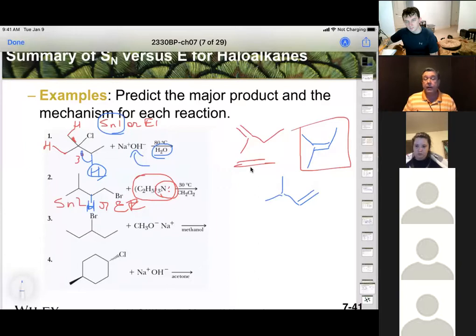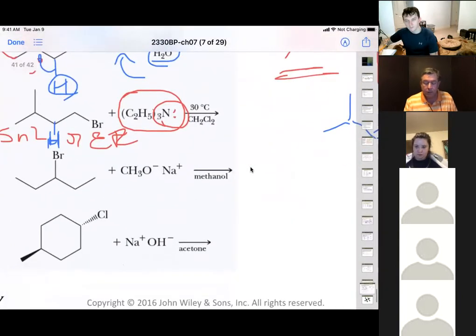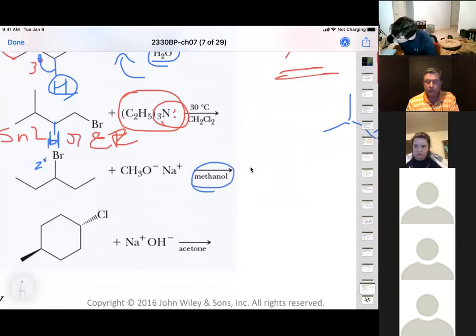Now, the next one I think is going to get complicated because it's got a secondary. But let's go through our options and figure it out. We have a possibility of almost anything because it's a secondary right here, but we have a clue. We have a protic solvent.